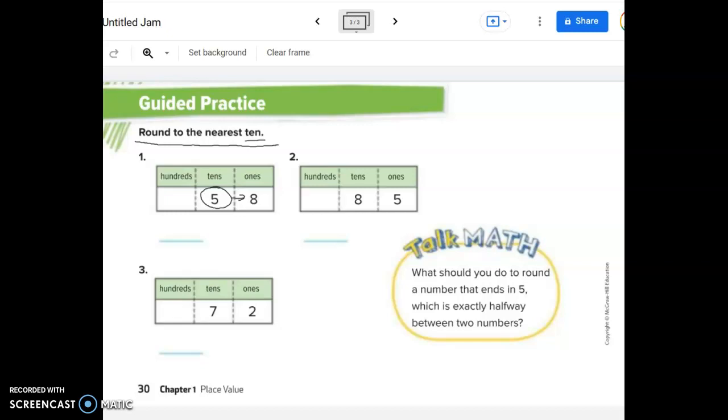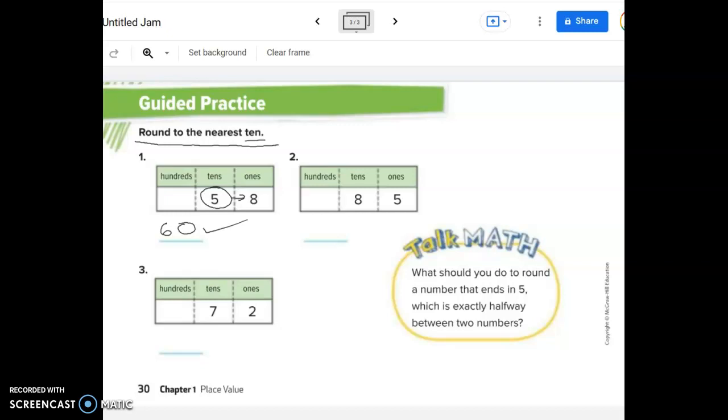It says that the circled digit will become 1 more. So this 5 will become a 6. And to replace that 8, I place a 0. And there is our answer. Rounding off 58 to the nearest 10, we get 60. Done.